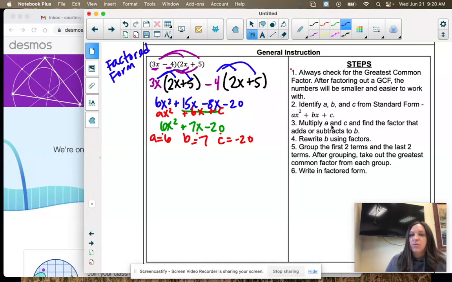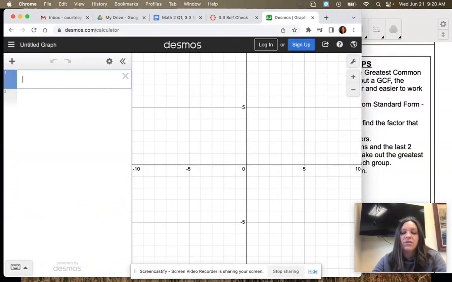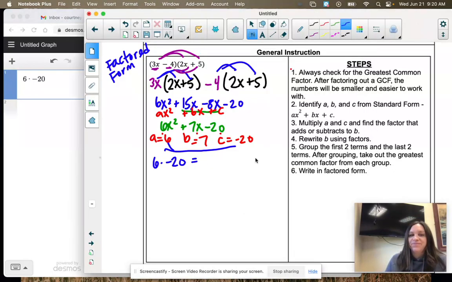Our next step, we're going to multiply a and c together. So 6 times negative 20 is, and I have my calculator open, it's negative 120, but let's just type it in to be sure, negative 120. And we're going to do what we did before. We're going to find factors of negative 120 that add or subtract to 7.